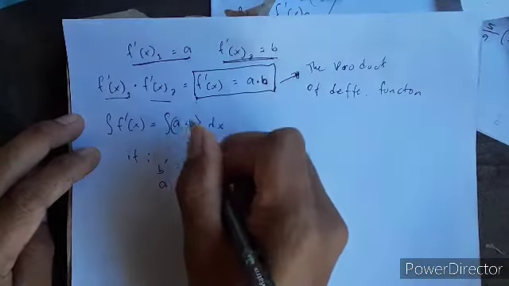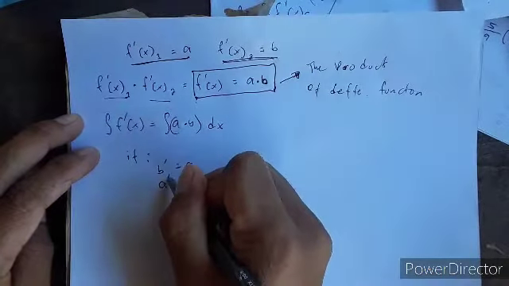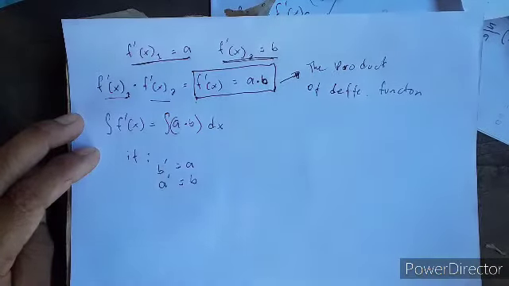The derivative of function 1, which is a prime, is equal to b.